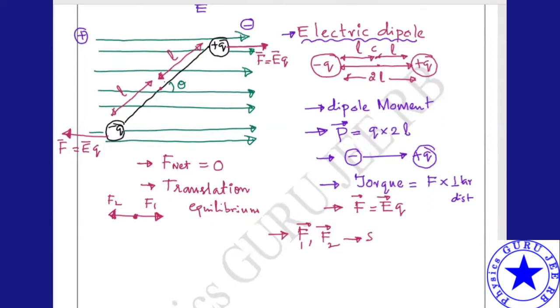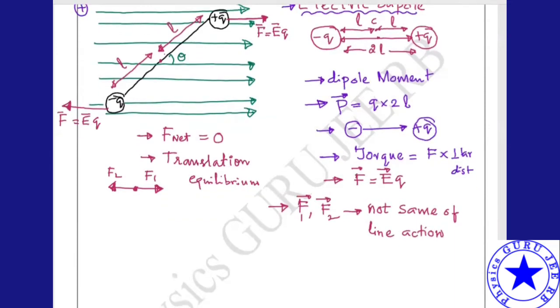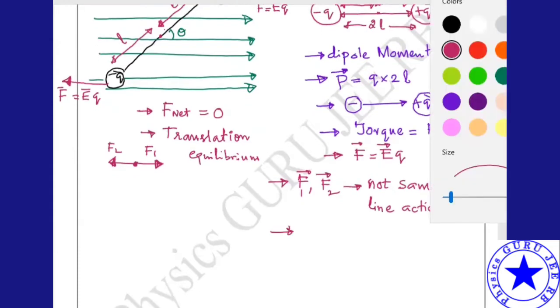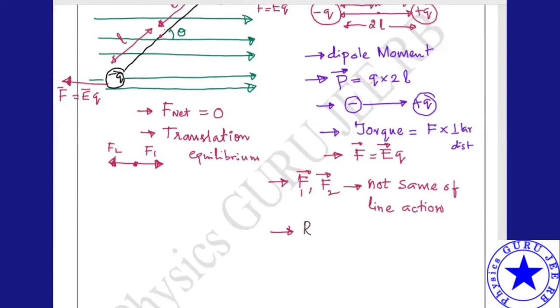Then what happens? Immediately they will rotate about their center of mass. The effect we can observe is that the body rotates about its center of mass, that means spin will take place.